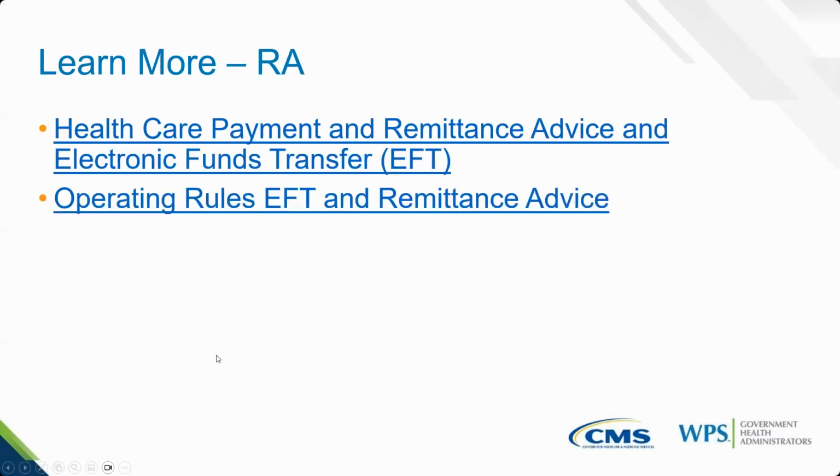If you're looking for more information about the remittance advice, we could probably spend 60 minutes talking about the RA itself. I've included these two resources for you. These are some resources on CMS's website that provide more information about the remittance advice. Next, I want to talk about when you need to correct or appeal the MAC's decision to pay or deny a claim.